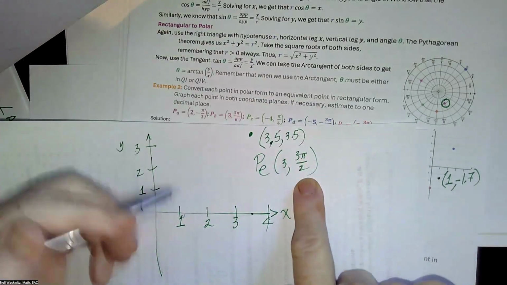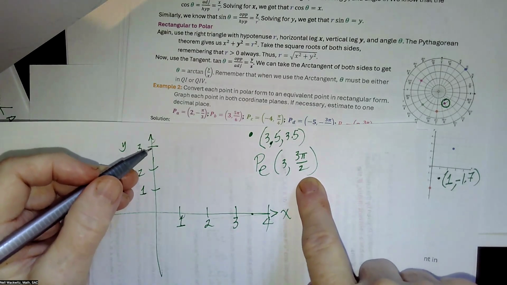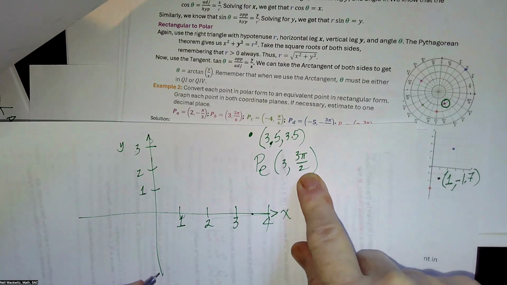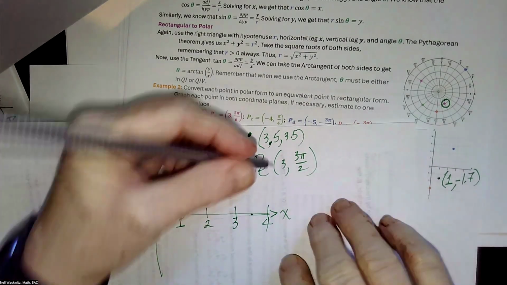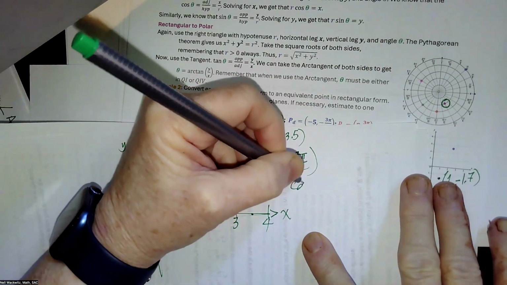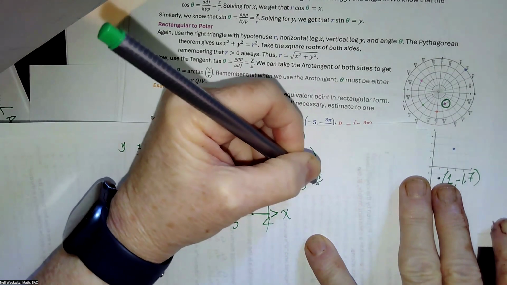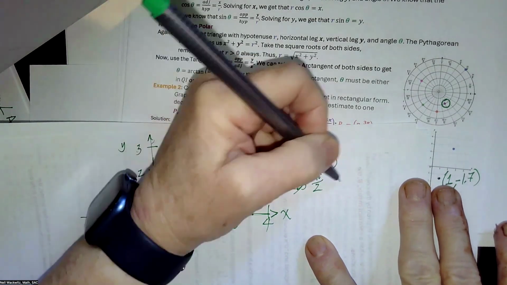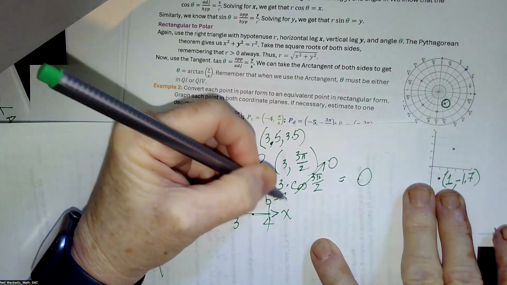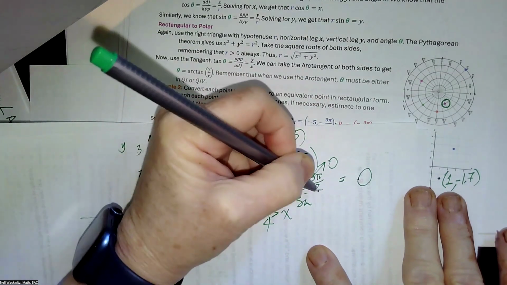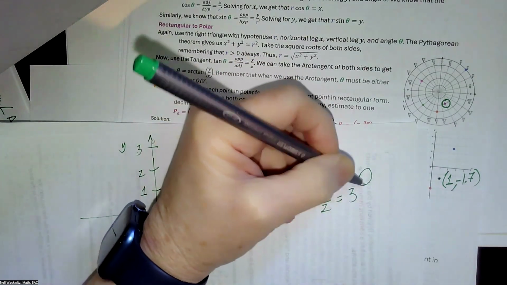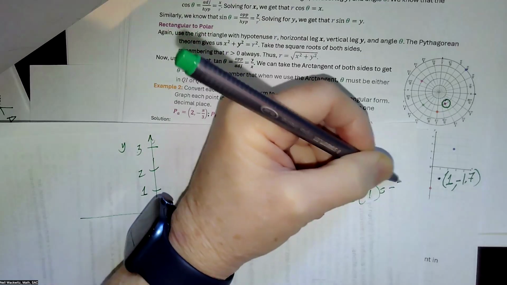So we know that at the top, sine is 1, cosine is 0. At the bottom, sine is negative 1, cosine is still 0. So little a is going to be 3 times cosine 3 pi over 2, which is 0, so little a is 0. Little b will be 3 times the sine of 3 pi over 2, which is 3 times -1 or -3.